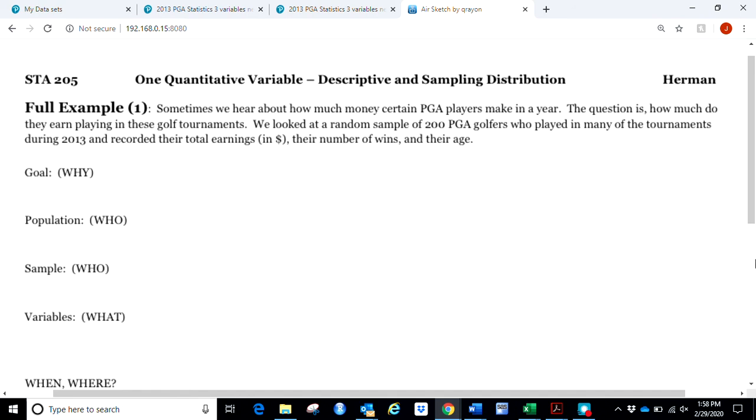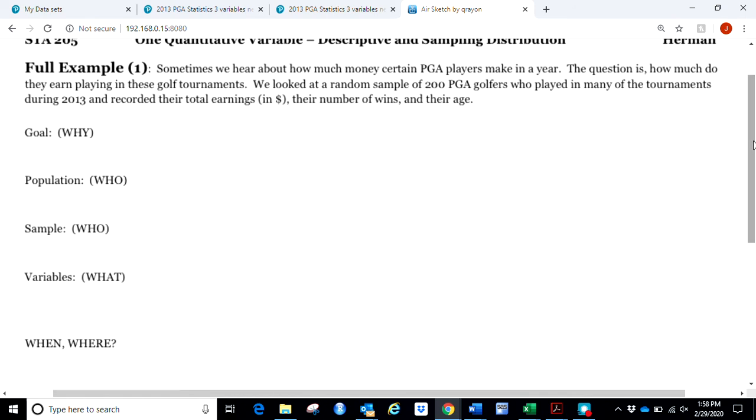Well, first, let's cover some of the old terms that we should already know. So first, figuring out the goal. Why were we going out to collect data here? I really just wanted to figure out how much money the PGA players make.